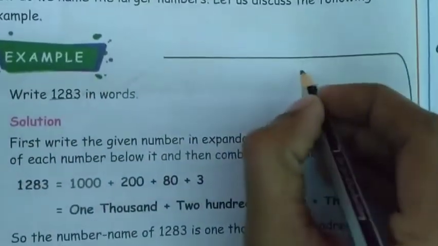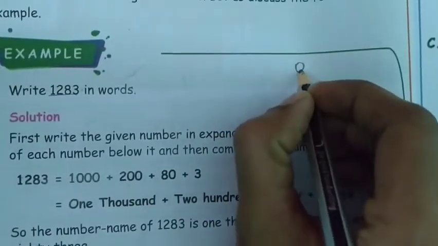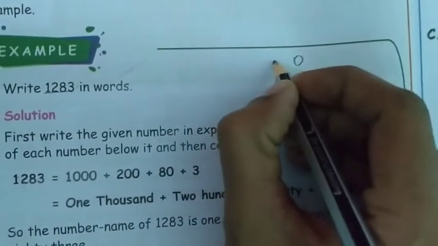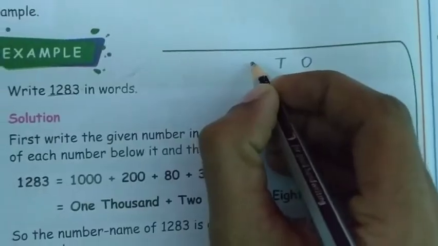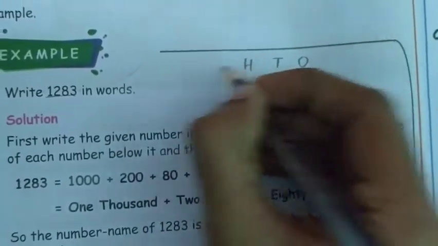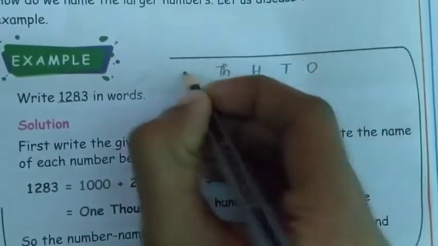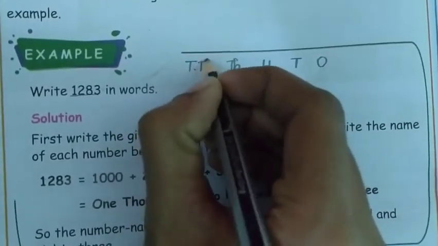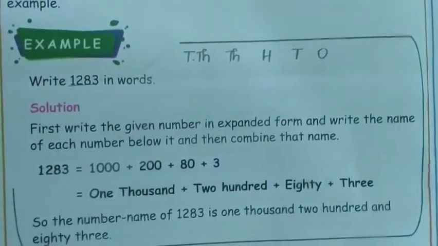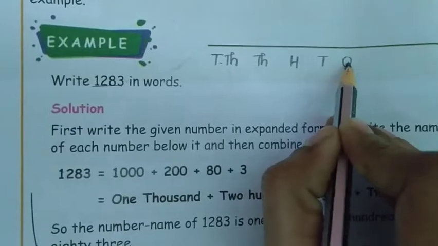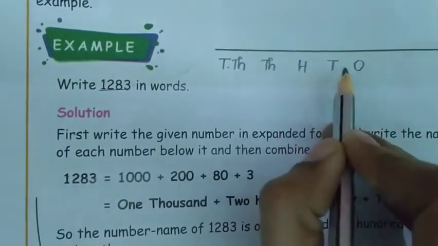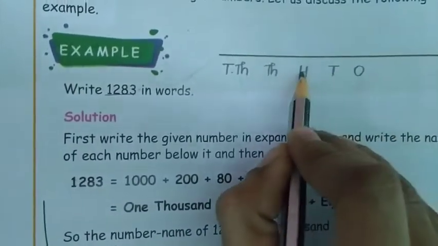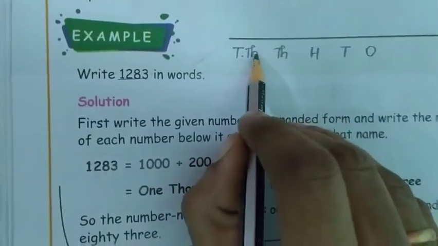From the last digit, which is 1, the last digit we consider ones. Before that, tens, and then 100, 1000, 10,000. From the last digit, ones, and before it tens, 100, 1000 and 10,000.